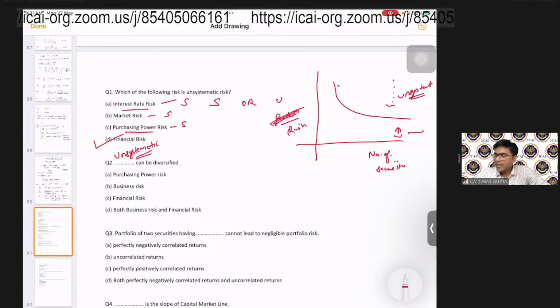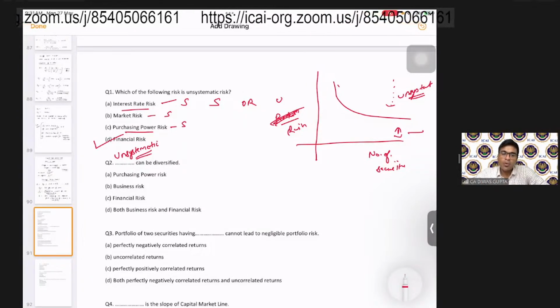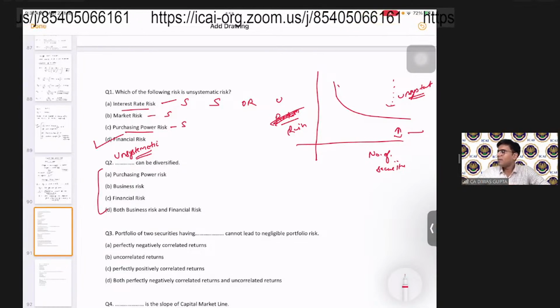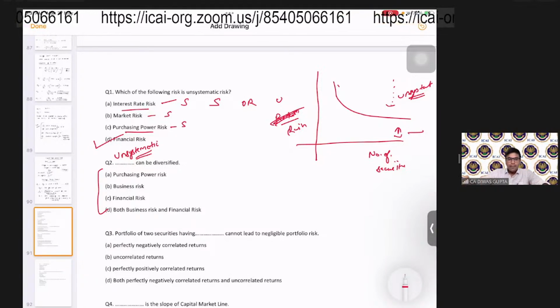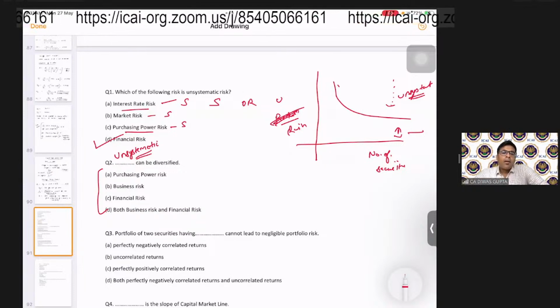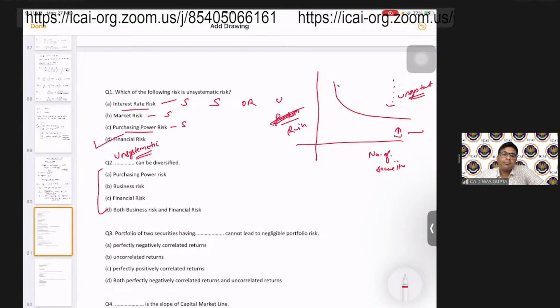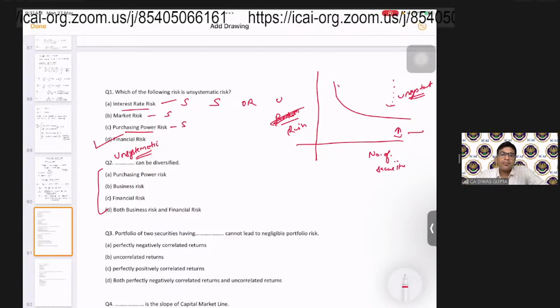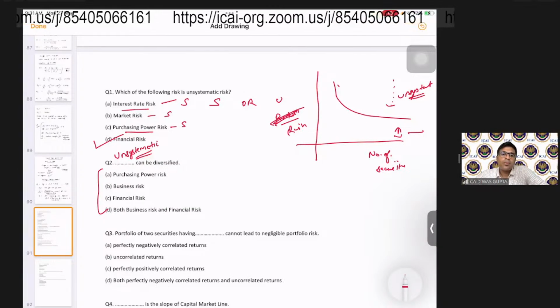Now, is it the purchasing power risk, business risk, financial risk, or both business risk and financial risk? What is the right answer? I've given you a very big indication. Abrikesh has responded. I request Viraj, Prerna, and Rolina also to reply.